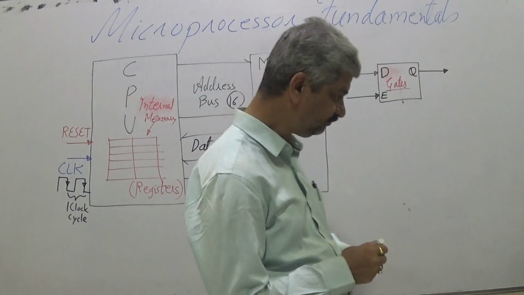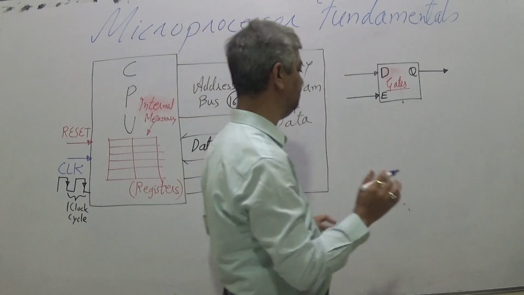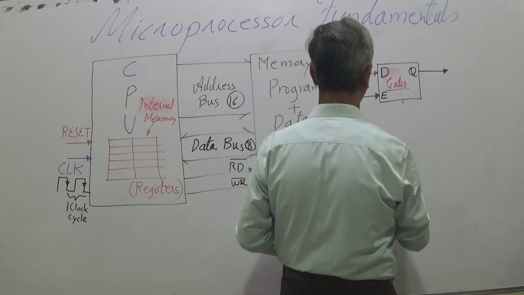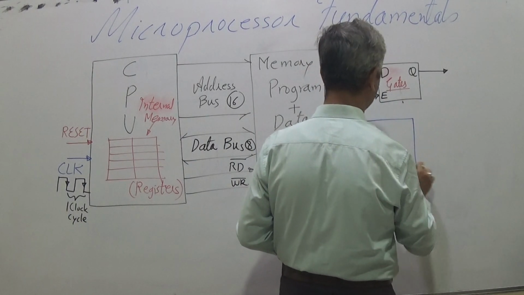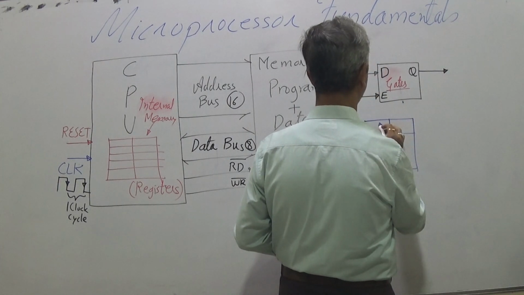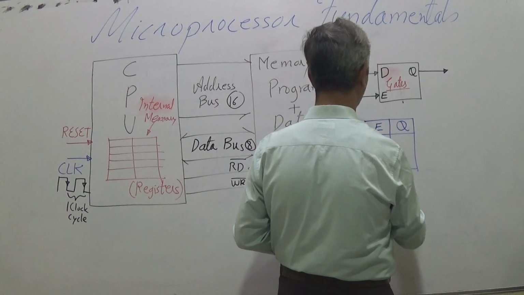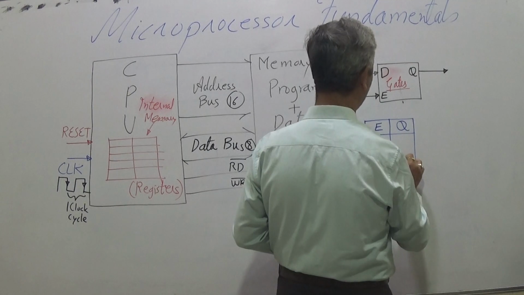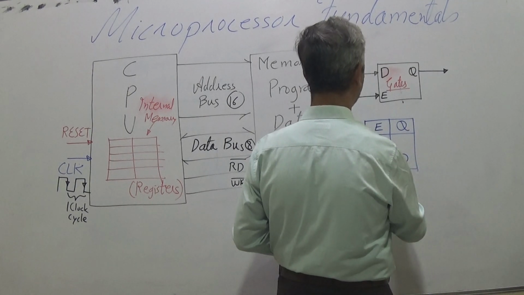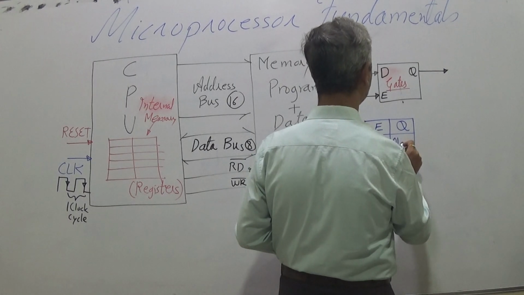This flip-flop has memory capacity. I will write a truth table for this: E and Q. When E is equal to 1, Q is equal to D, and when E is equal to 0, Q is the old state, old Q.